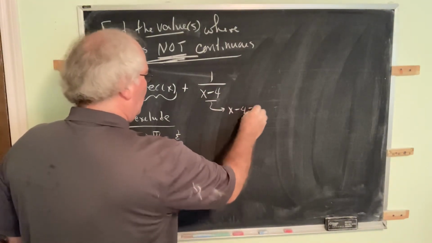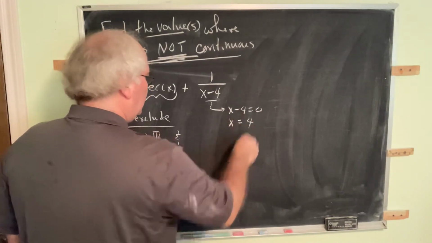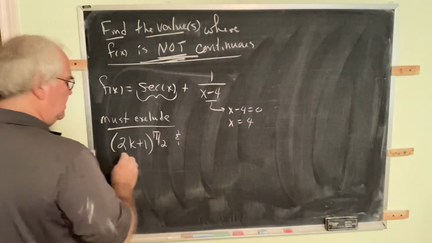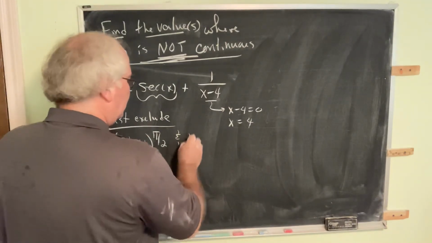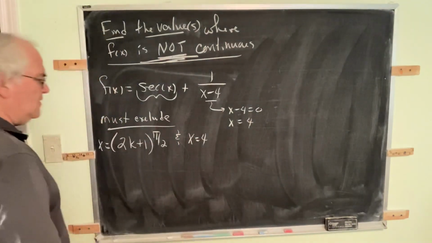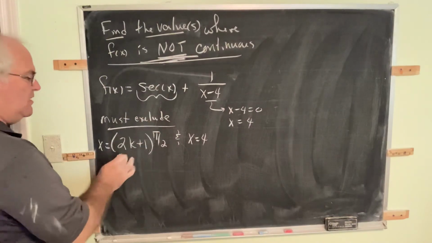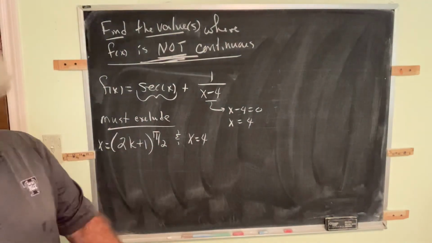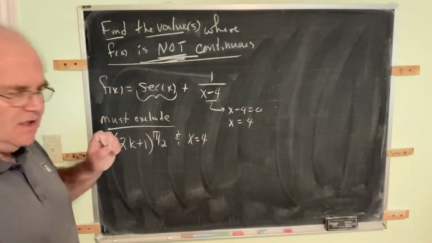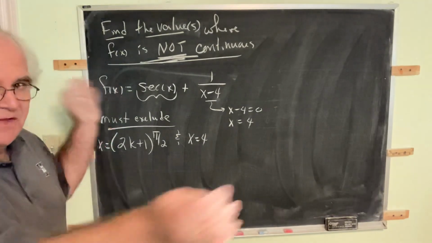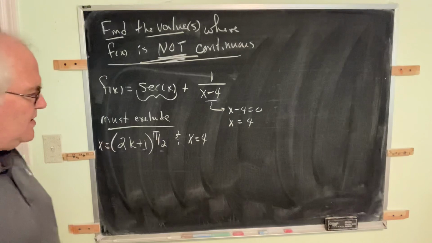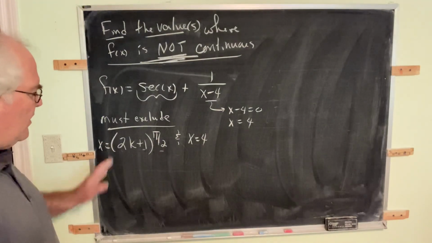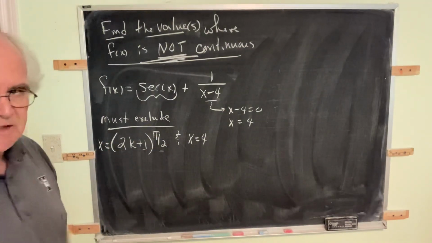And if you don't know already, that's at 4. So at x equal odd multiples of pi over 2, and at x equals 4. So this is what we must exclude. These are the values that are not in the domain. The values that are in the domain is everything else, everything except these values. These are the values excluded from the domain. There are other ways to write this, but this will suffice for our purposes.